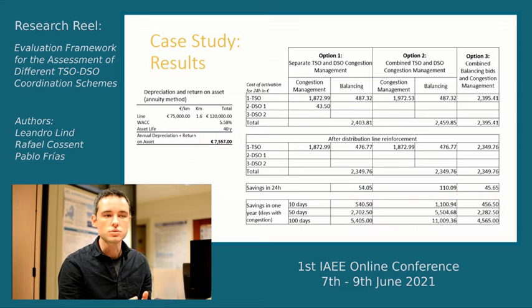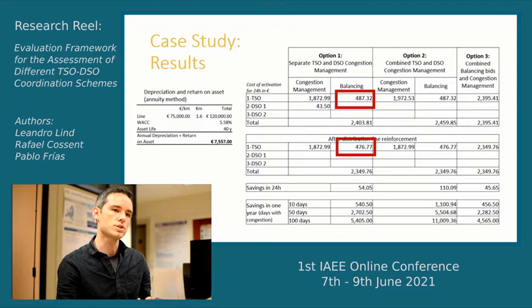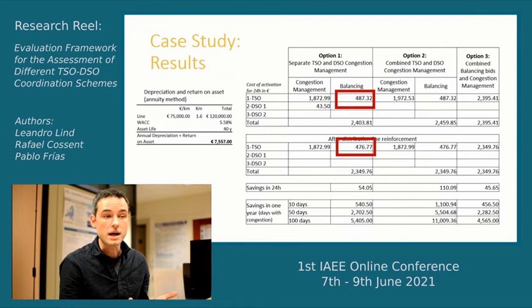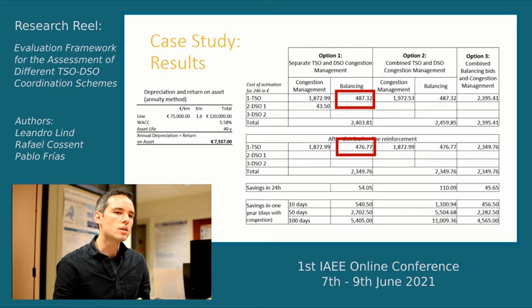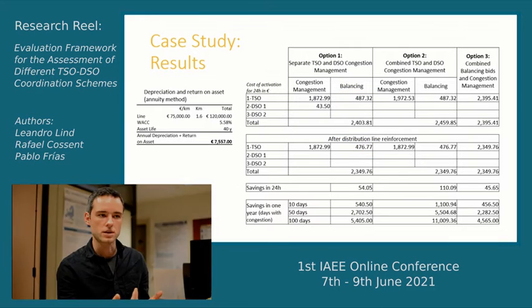And one final conclusion is that by reinforcing the distribution grid, DR located downstream of the congestion can then participate in other upstream markets, such as balancing. This means that the long-term economic evaluation should also consider the benefits from reinforcements unlocking higher liquidity in upstream markets.